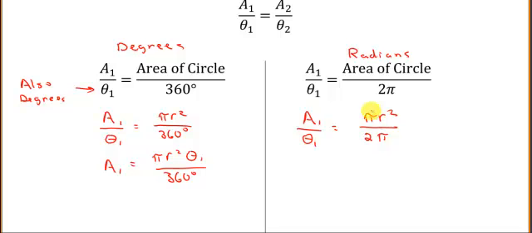And notice here that the pi's cancel, and then if I multiply through by theta 1, the area of the sector would be given by 1/2 r squared times theta 1, assuming that we measured theta 1 in radians.